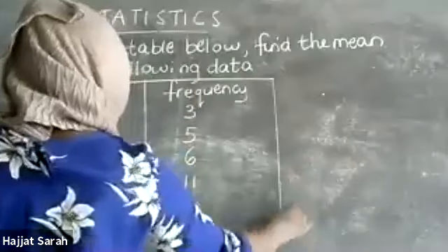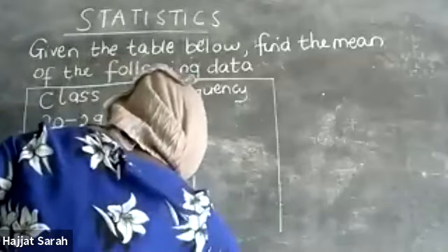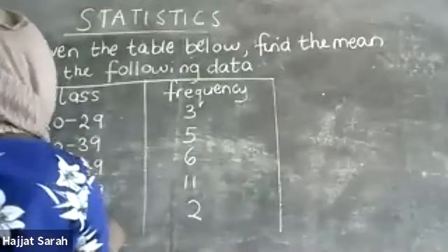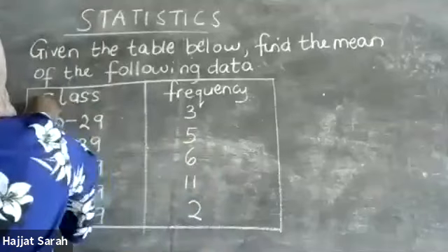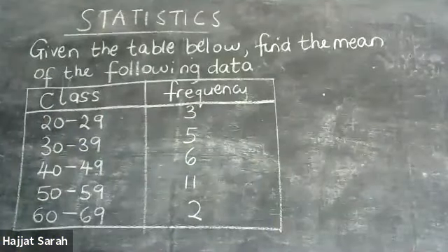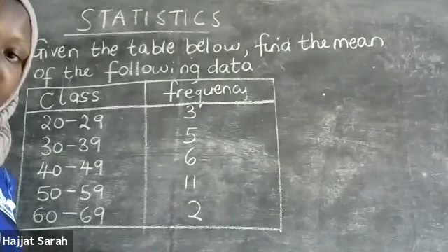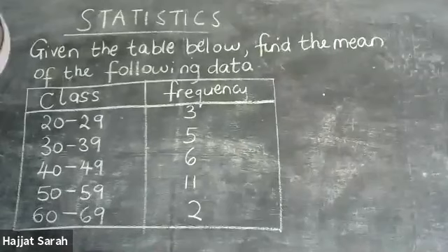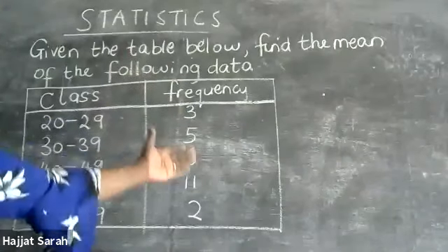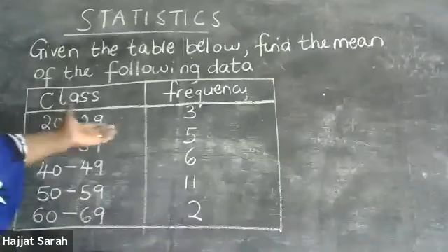So you're given that as your table. When they give you that as your data, they've already grouped it, okay? So there is no need for us to complete the table and include a tally because the frequency has already been given to us.